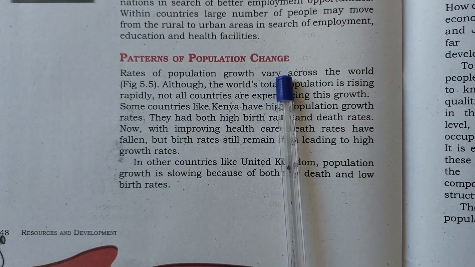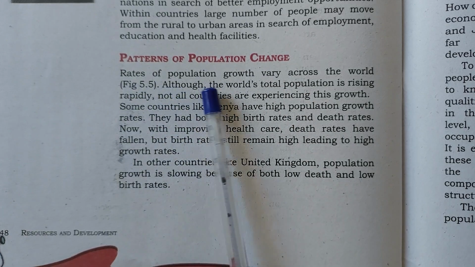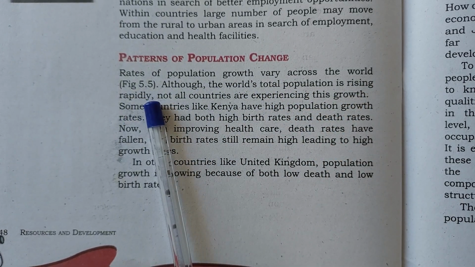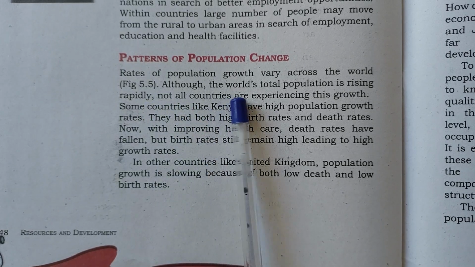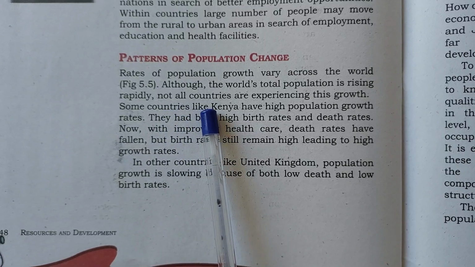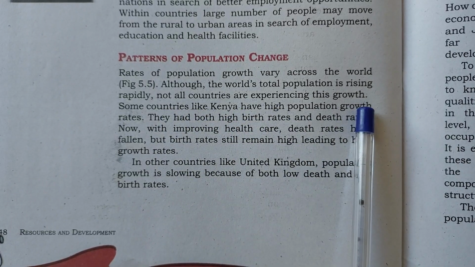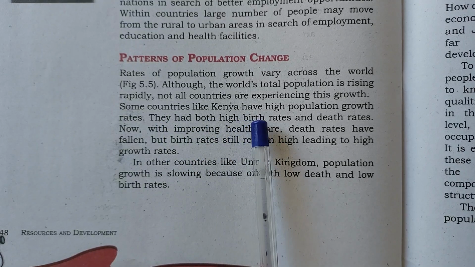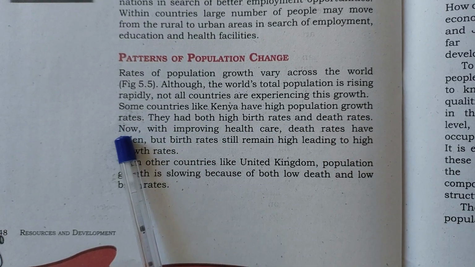Patterns of population change. Rates of population growth vary across the world, figure 5.5. Although the world's total population is rising rapidly, not all countries are experiencing this growth. Some countries like Kenya have high population growth rates.